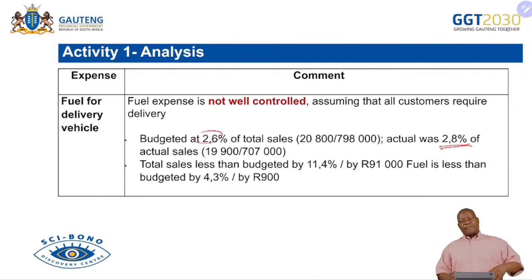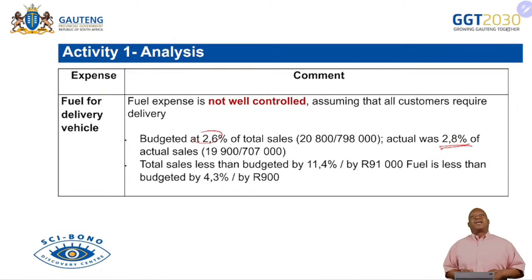So if you check, we can also mention that the total sales decreased by about 11.4%, sorry. That is 91% decrease. But when it comes to fuel, it only decreased by 4.3%. So these things are related, and because they are related, they should be going down or going up in the same proportion.